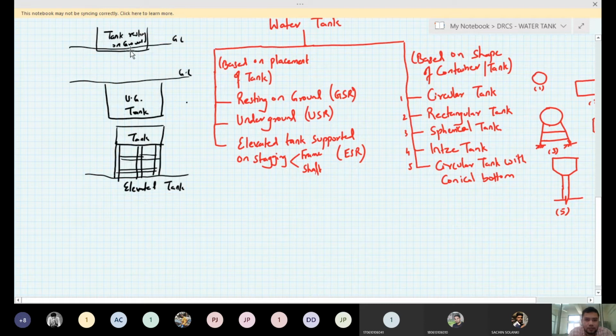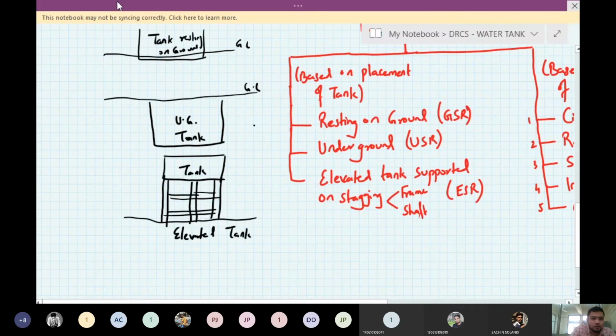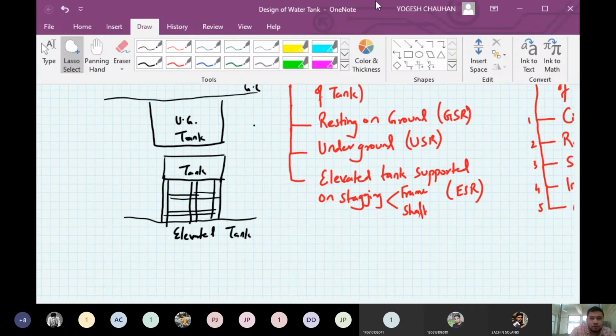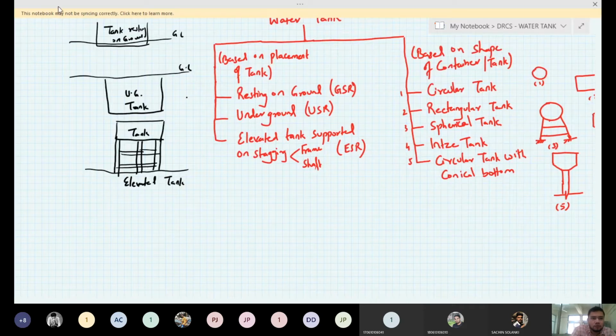So we can have tanks resting on ground, underground tanks, and elevated tanks. Let us say this is 1, 2, 3.